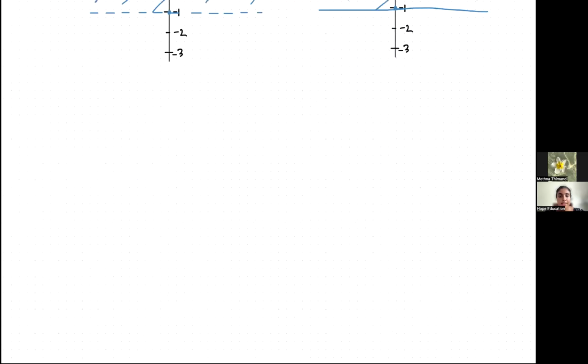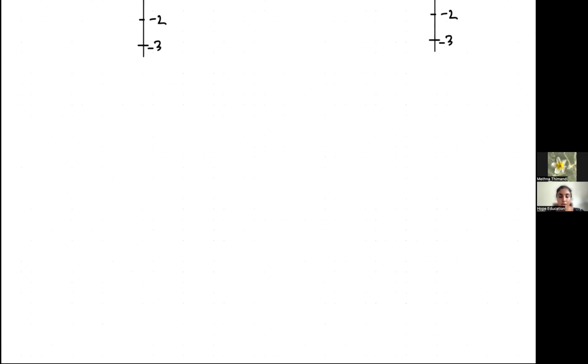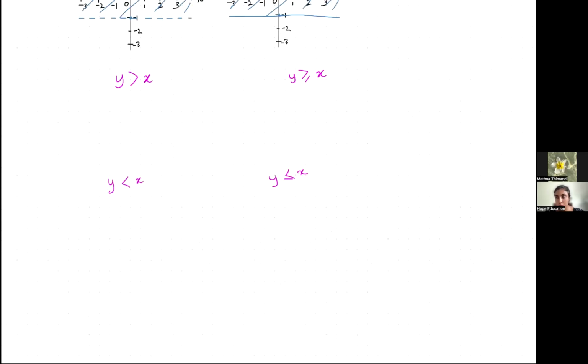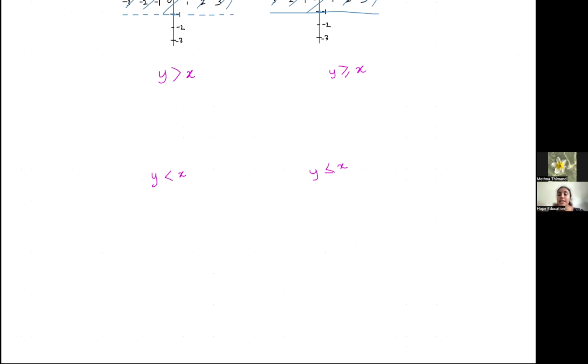Let's consider something like this. I say: Y is greater than X. Y is greater than or equal to X. Y is less than X. Here, Y is less than or equal to X. Now, earlier, X and Y were compared with numbers, greater than a certain number, less than a certain number.